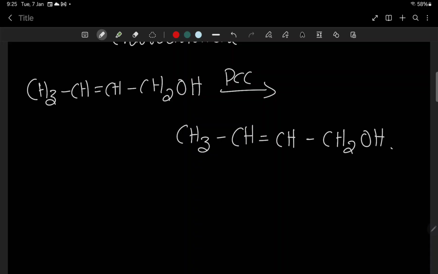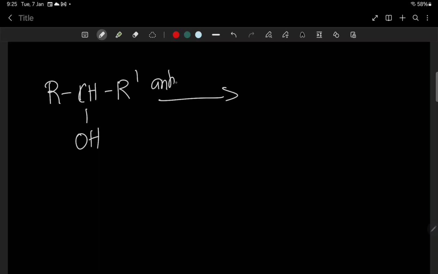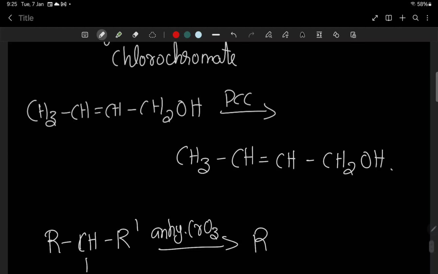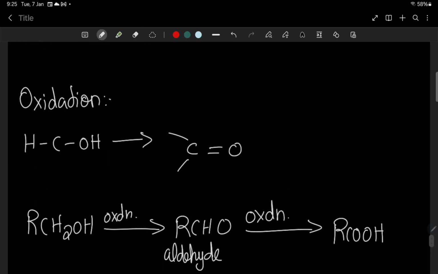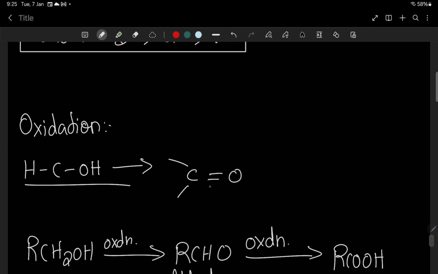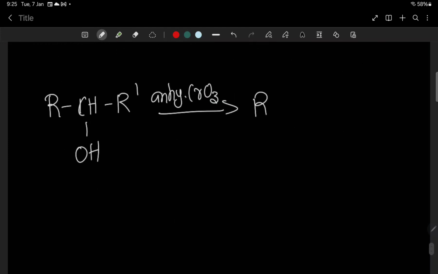Okay, noted. Now consider a secondary alcohol. Till now we were talking about primary alcohol. If you have a secondary alcohol and use anhydrous CrO3, the same reaction happens: CHO becomes C double bond O, so the COH becomes RC double bond O R dash.